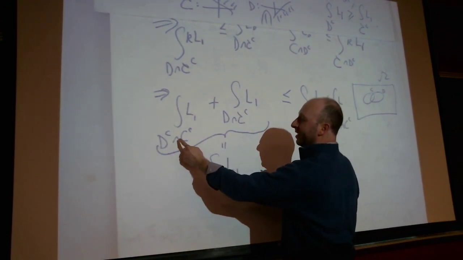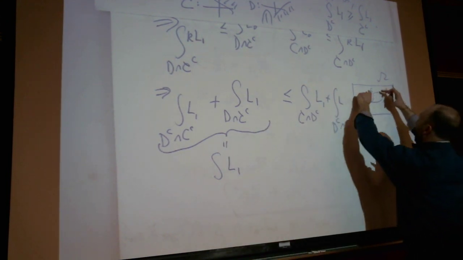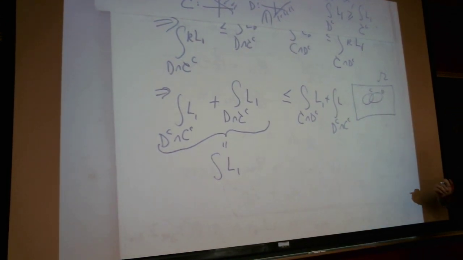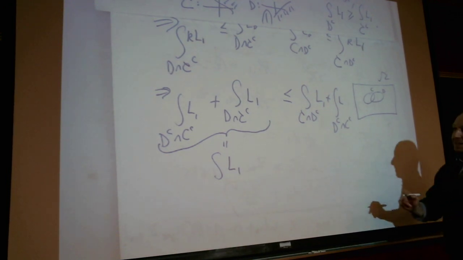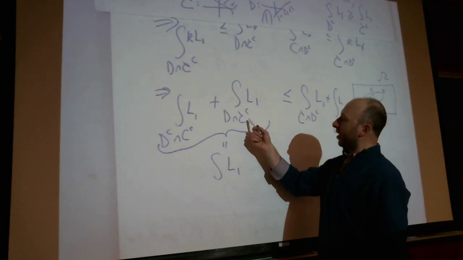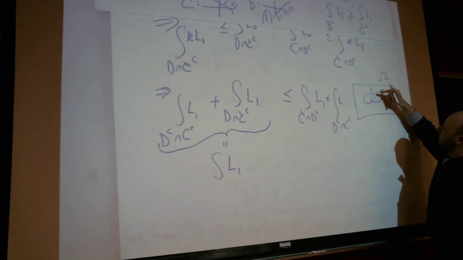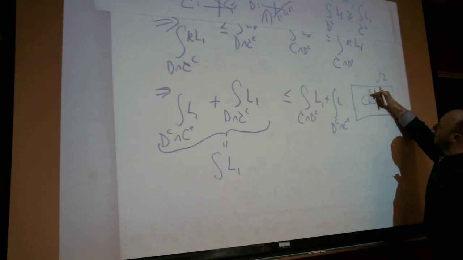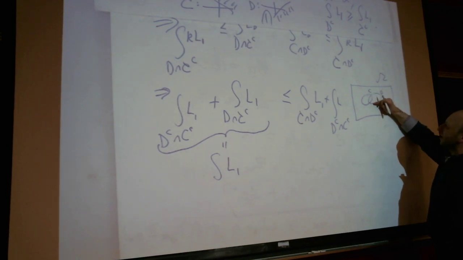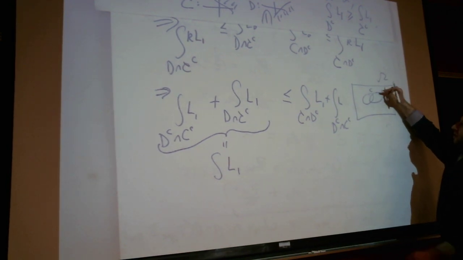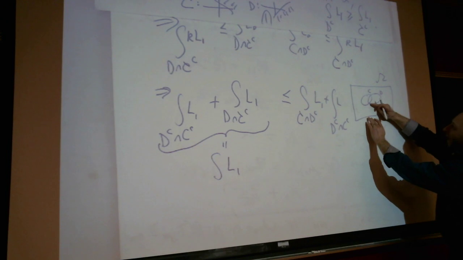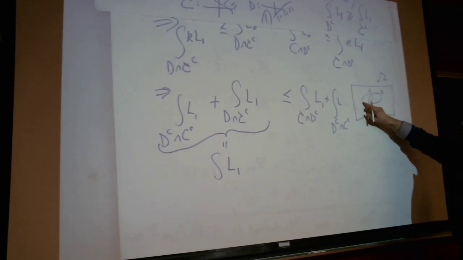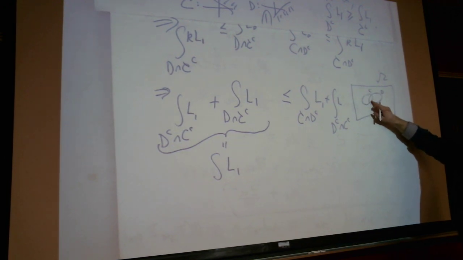This means I'm not in D and I'm not in C, so that's everything outside this thing. That's summed with C complement intersect D, so inside D but outside C. That's this lune. If I integrate over this whole region and this lune, that's the same as integrating over all of C complement.